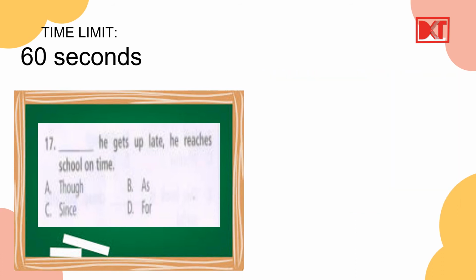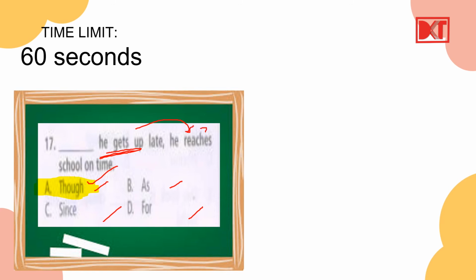Okay, here, dash he gets up late, he reaches school on time. Though he gets up late, as he gets up late, since he gets up late, for he gets up late. Here the correct answer is A. Though he gets up late, this is a conjunction of concession that the first thing happens despite which the second thing also happens.